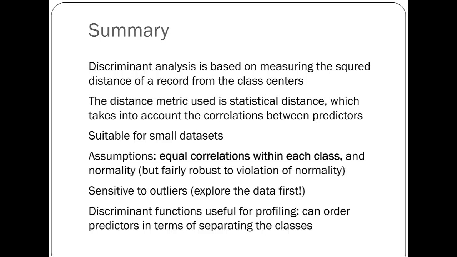We use that distance to come up with the probability, and depending on the metric that we use for the distance, we can take into account correlations, and there are a few assumptions that we have to make, like equal correlations within each of the classes, and we have to be sensitive to outliers. So we'll look at the data first. If there are outliers, figure out what to do with those.